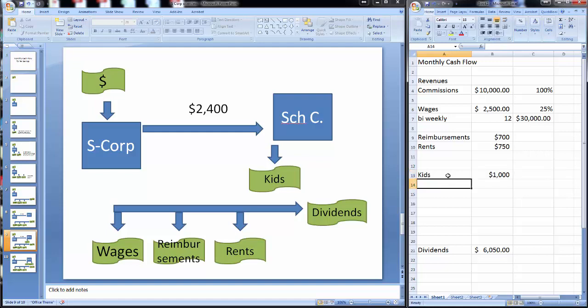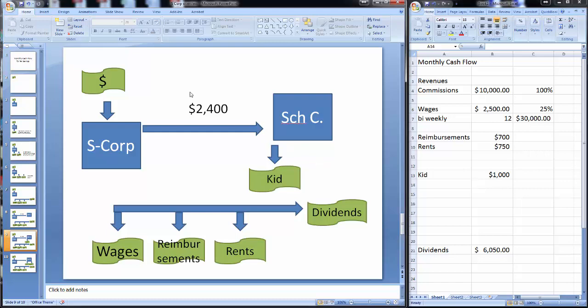We can do that for one kid, or for multiple kids, but let's just say one kid. That'll make it easier. So we have one kid that has enough work that they can do, maybe even marketing or advertising. You know, they do Facebook postings and Instagram and all those things that kids do. So let's say we're paying the kid $1,000 a month for the services rendered.